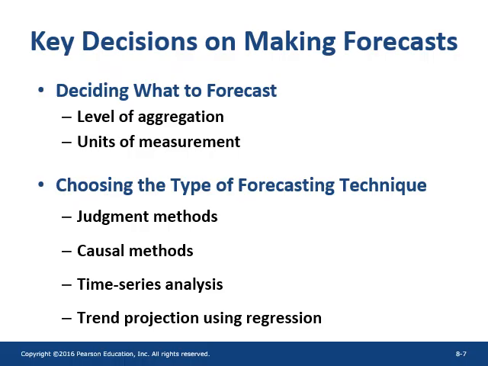The causal methods we're talking about tend to be more intermediate term, and they tend to use econometric models, one of which would be multiple regression. And then time series analysis is a short-term approach to forecasting, using just the variable of interest and deciphering the patterns in that variable in order to make our forecast.